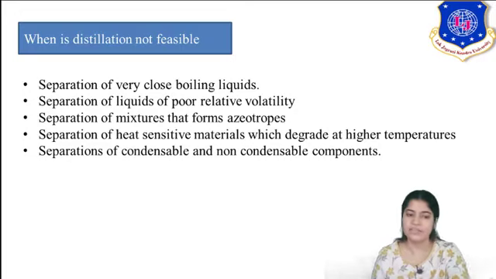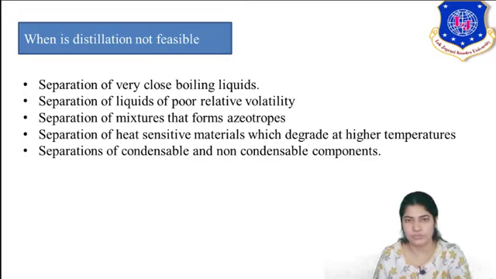Then there is separation of liquids of poor relative volatility. This would be covered in a different lecture, when relative volatility comes into the picture. Relative volatility expresses the volatility of a highly volatile component with respect to a less volatile one and vice versa.